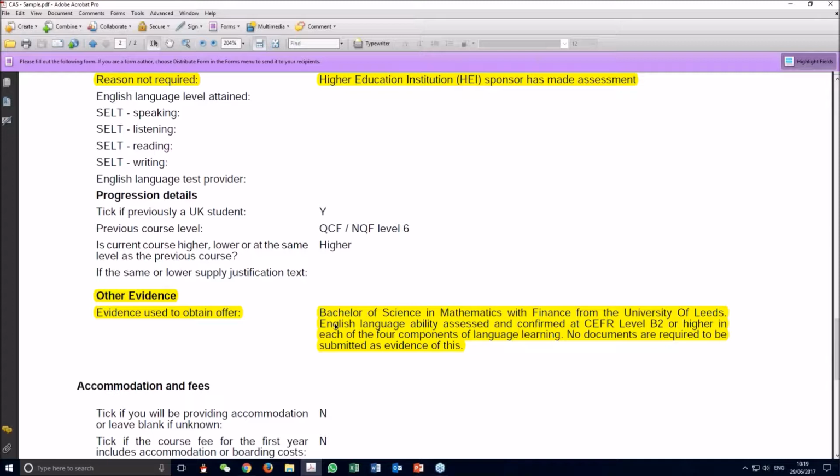In this case, you can provide your award letter from the university to confirm you completed the course, you meet all the requirements, and they're going to issue you a certificate at such date. So this letter will be equivalent to your university degree. Any of this kind of evidence we need to submit in the original format.